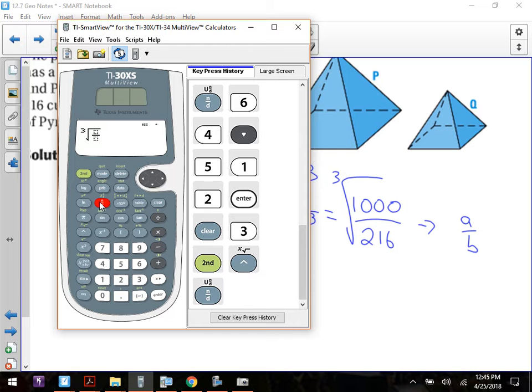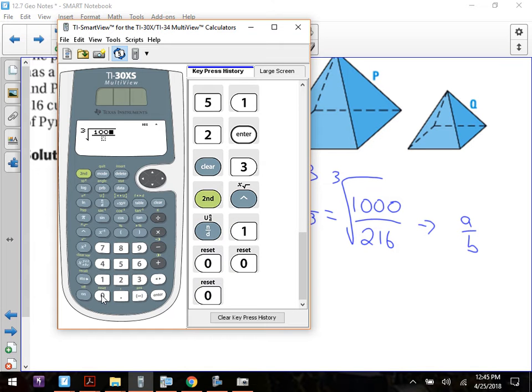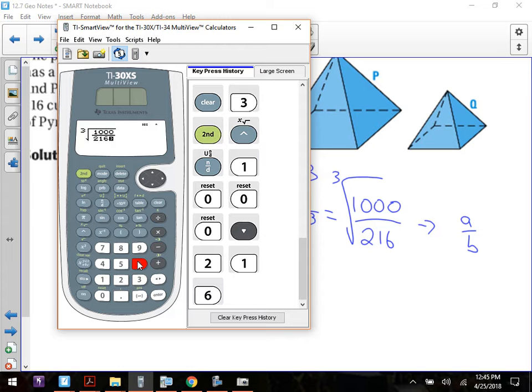Fill in the blanks. And guess what you press now? And there's your scale factor.